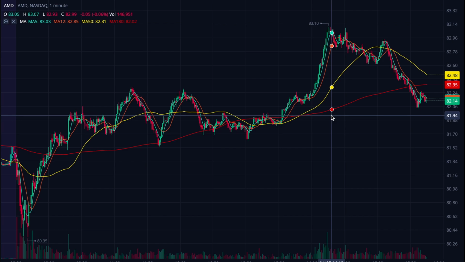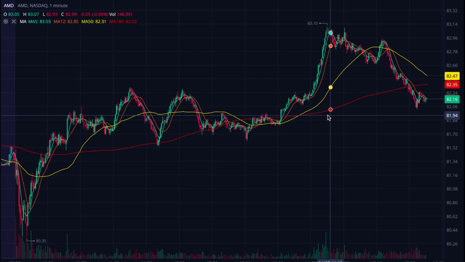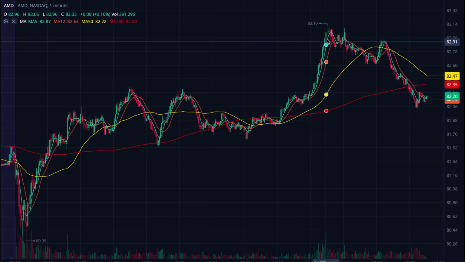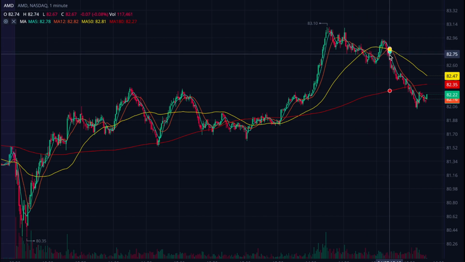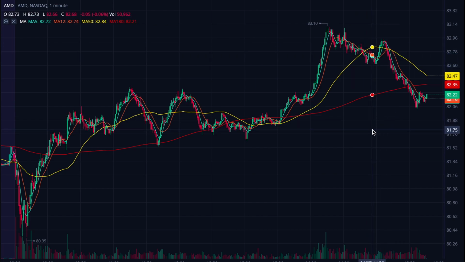So the reason that we have several different moving average indicator lines is so that we can play different strategies. Let me explain this a little bit. If you see the green line, it's following the price action the closest. It moves up and down very quickly based on the price action.